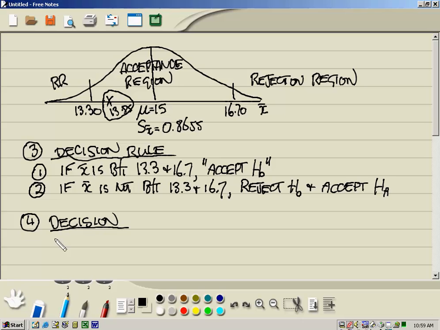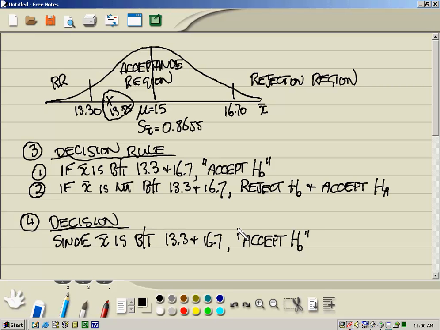So, decision, as X bar is between 13.3 and 16.7, again in quotes for right now, we'll accept the null hypothesis as being likely.